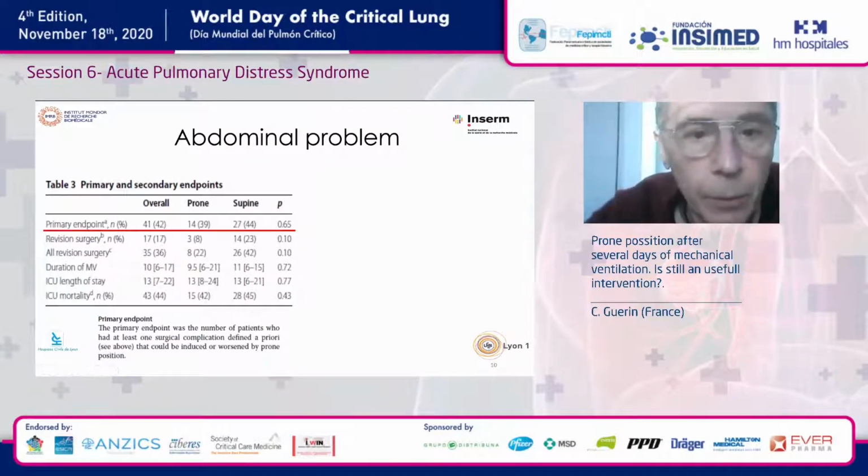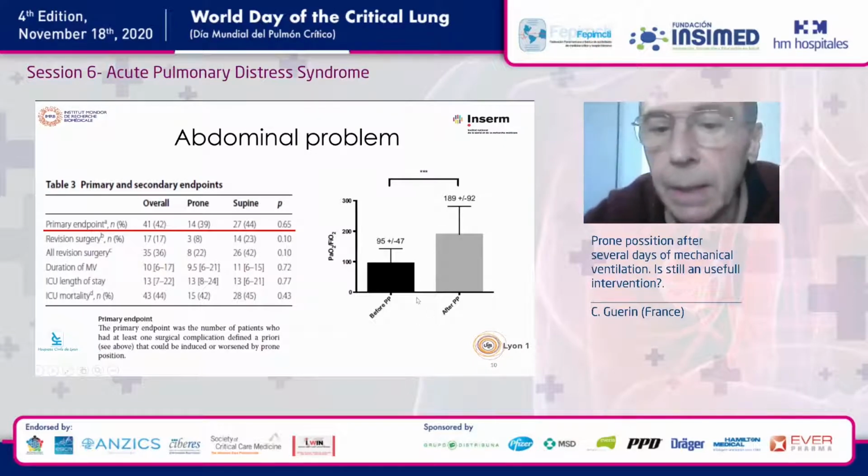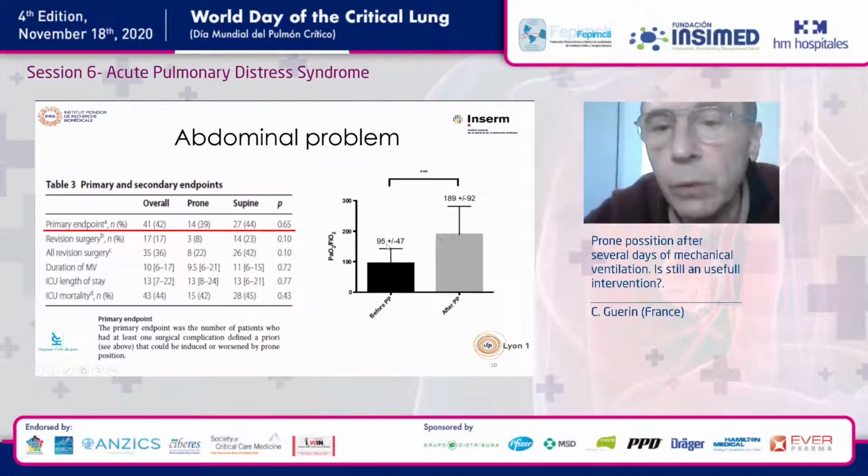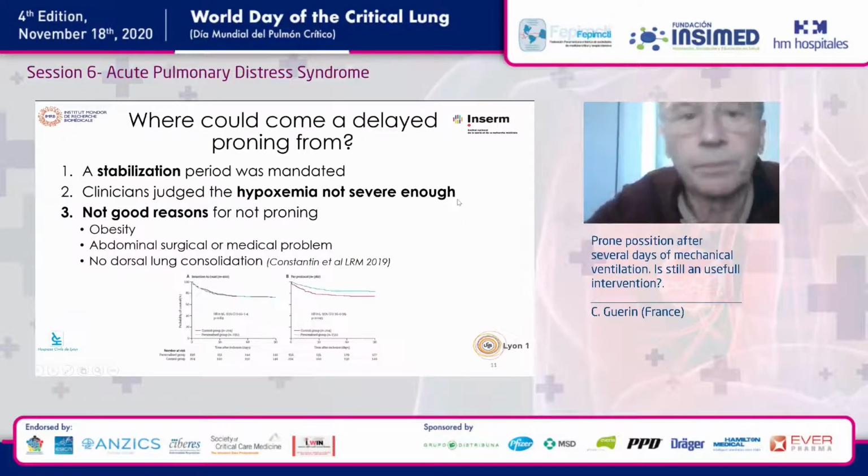They looked at patients who were either prone or supine, and at the rate at which the patients had suffered from at least one surgical complication after the procedure. And you see that there is no significant difference in the rate of this primary endpoint in the prone as compared to the supine position. And again, in those patients with abdominal problem, prone position resulted in a dramatic increase of oxygenation. The PF ratio increased by a factor of 2.